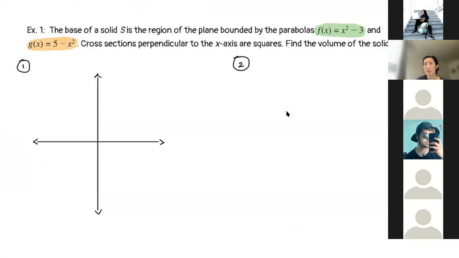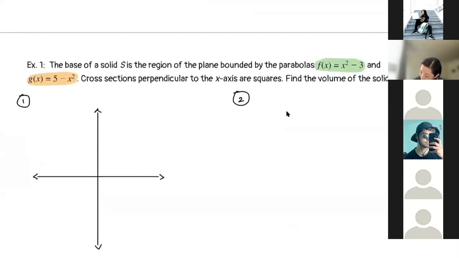F of x opens up, g of x opens down. Exactly. So we know this one opens up. We know that this one opens down.